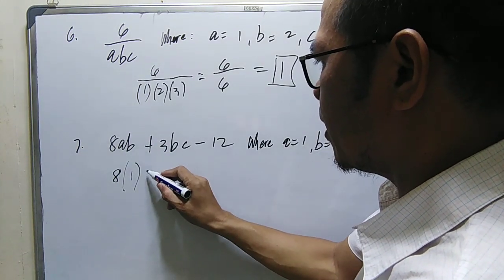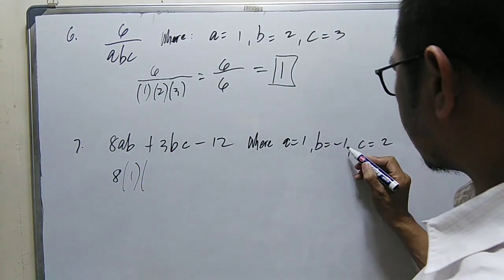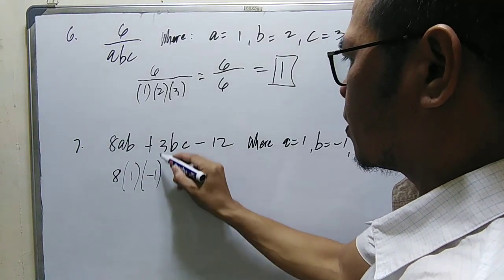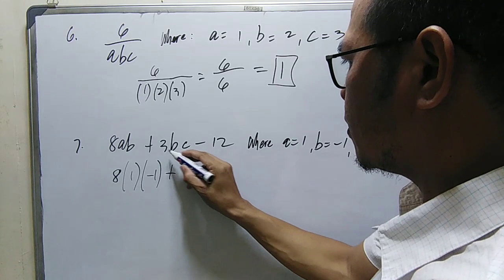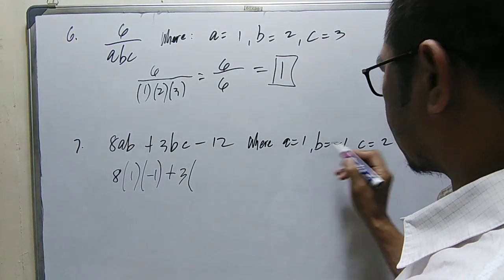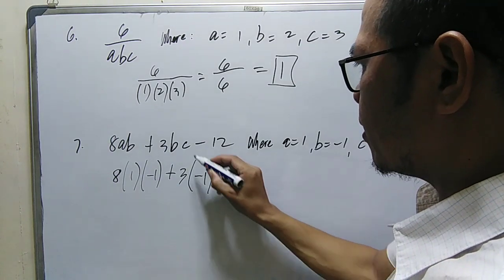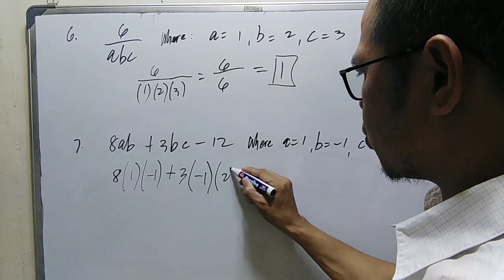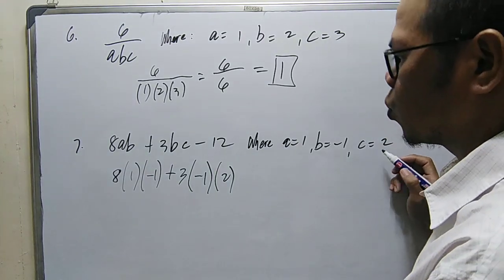Okay, then si B, alisin natin si B, papalitan natin ng value niya na negative 1. Then, kopyahin natin yung plus sign, kopyahin natin si 3, si B is negative 1. Okay? Si C, palitan natin yan ng positive 2. Kasi C is equal to 2.